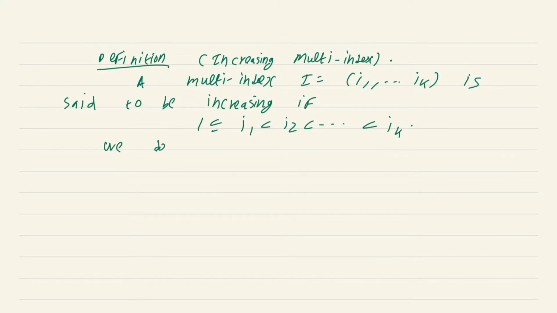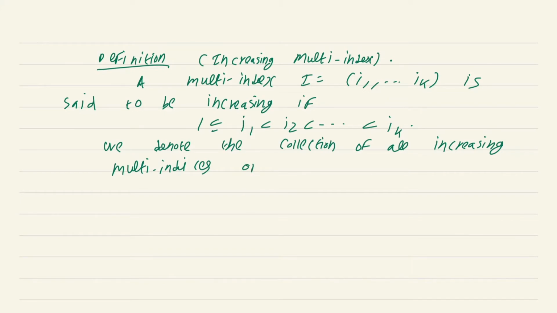We denote the collection of all increasing multi-indices of length k with each entry less than or equal to n by this fancy script I superscript n, k.